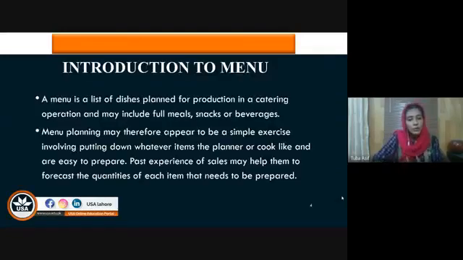As we know, a menu is mainly a list of dishes a particular establishment is offering to the audience. That may include full meals, some snacks or beverages or fast food or the traditional cuisines or anything else that is being presented to the customers.